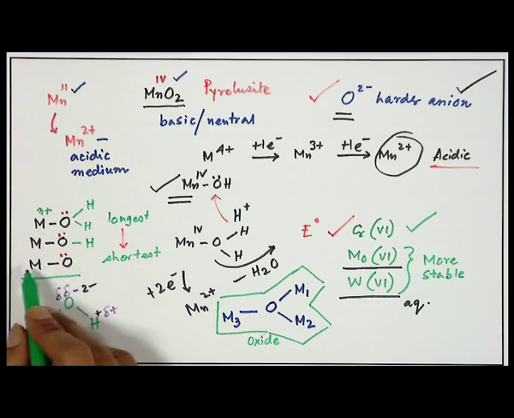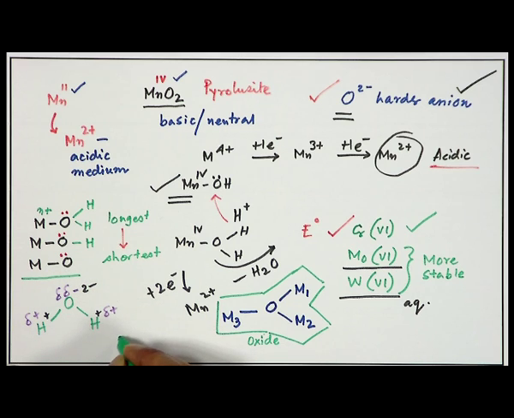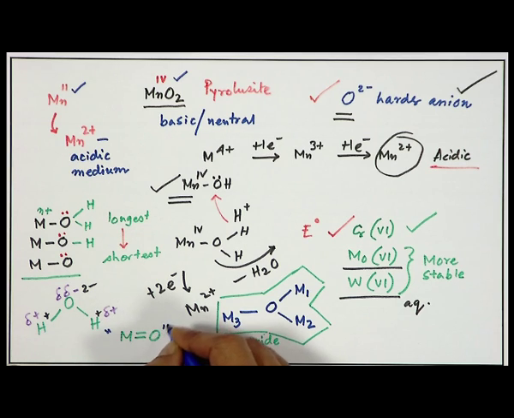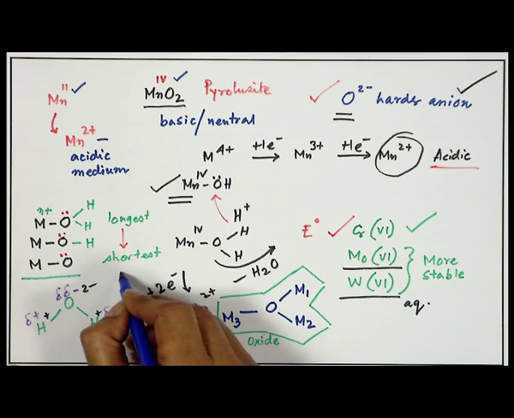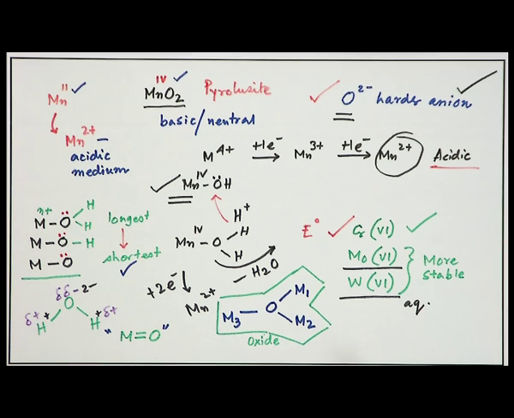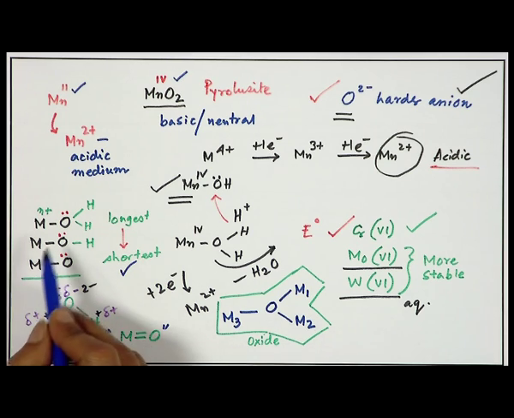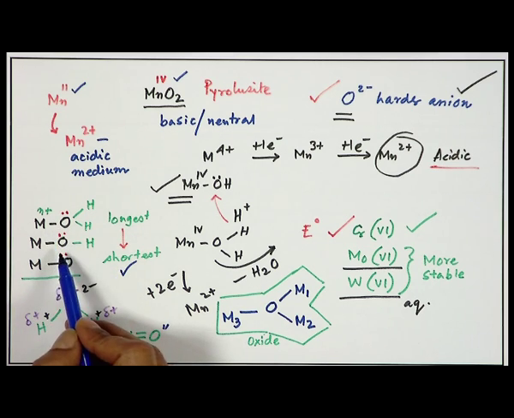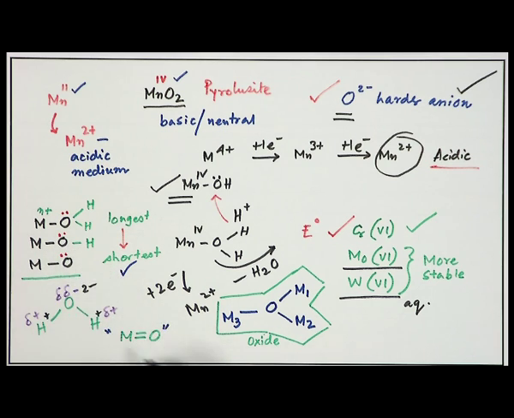If we have the terminal and discrete MO bond, we can consider it as an MO double bond. The MO double bond is there because this distance is very short, the shortest for multiple bonding, because for water you cannot have a double bond. Hydroxide also you cannot immediately have the double bond, but for the oxide we can have a double bond because it is a very compact arrangement.